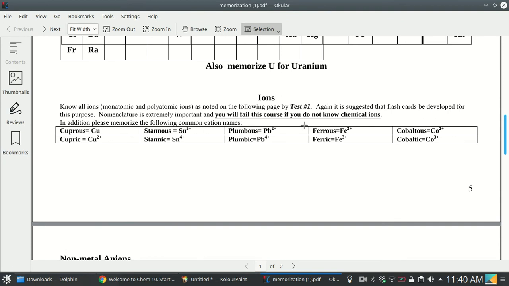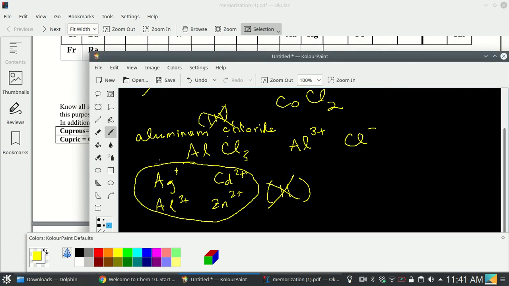This is a list of common names that people use for some transition and post-transition metal ions. And these are not IUPAC names, so this is something extra that SMC has decided to throw in. Right? So let me show you how to use these.